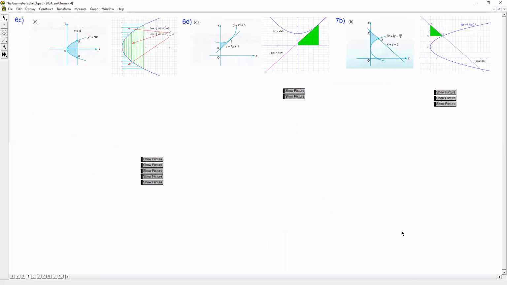So this is question 6C in the problem that I have given you. Now, this is the shaded area. Who can tell me, whether you put inside the chat or you answer me verbally, is this area the area between the curve and the x-axis or the area between the curve and the y-axis?